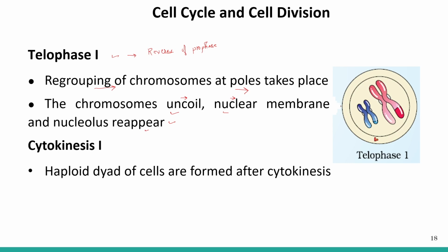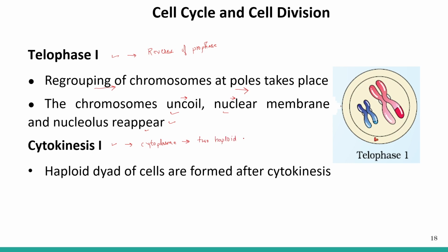Now what happens at the end of telophase 1? Then we have cytokinesis 1. In cytokinesis, there is division of the cytoplasm, leading to the formation of 2 haploid cells.